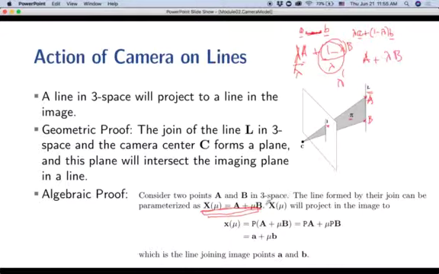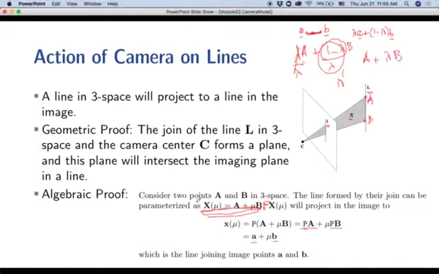Well, taking an image means just multiplying by P, so P X(mu), which is P times (A plus mu B), and I can expand this operation, so that's PA plus mu PB, and that's going to be the image point. And if I call PA as small a and PB as small b, then it's a plus mu b, which is also a line, but in 2 space now. So that's an algebraic proof that a line will map to a line.